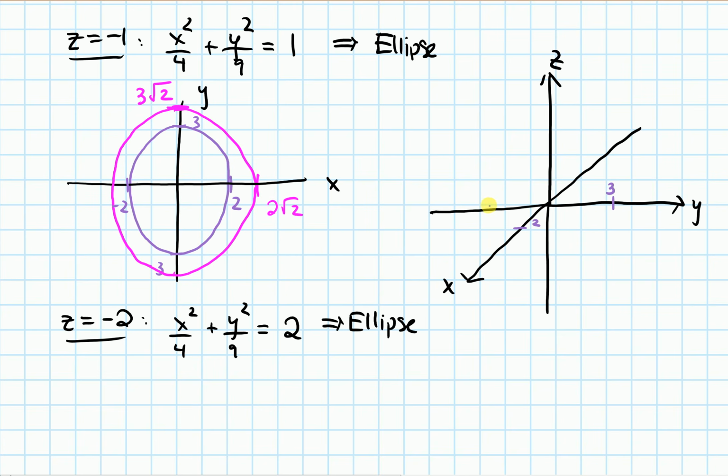So let me also draw the negative y-intercept and the intercept in the negative x direction. From each of those, I have to go a distance down of 1. So down 1 from this one, down 1 from this one, down 1 from this one, and down 1 from that one. And now I connect those points to make my ellipse.